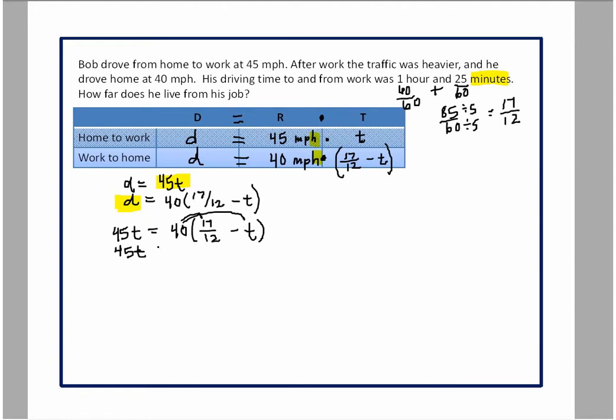So I get 45t equals, and this is like saying 40 over 1. So I go 40 times the 17. That gives me 680 over 1 times 12, which is 12.